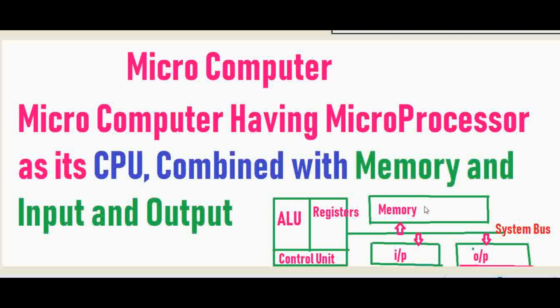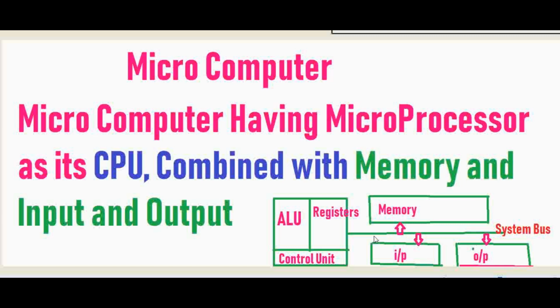Now this memory block is there. This may be a read only memory block, random access memory block, or permanent memory block. This memory holds instructions, a set of instructions, that is a program.